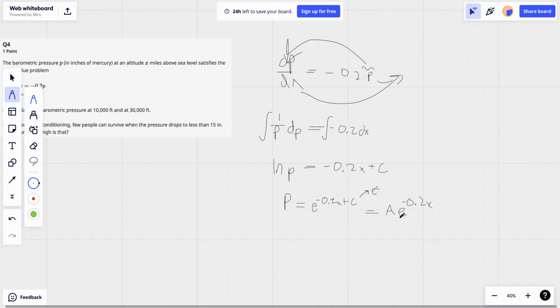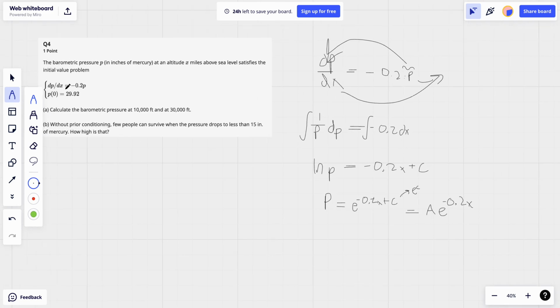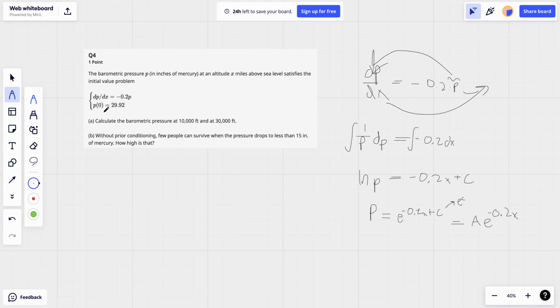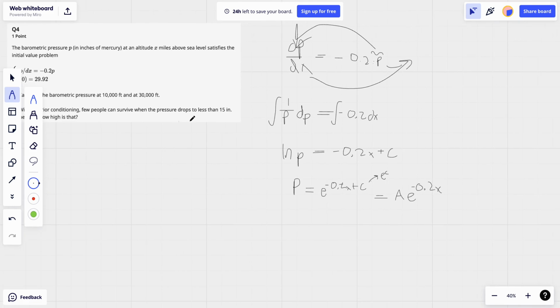Okay, so now we have our differential equation, and we're going to plug in our initial value, which is p of 0 is equal to 29.92.